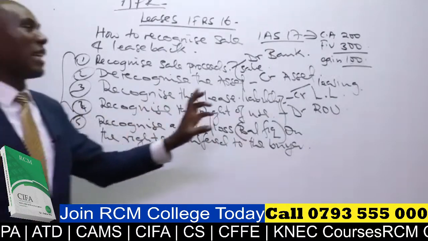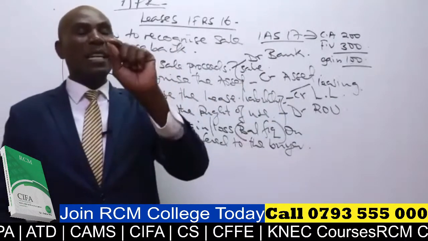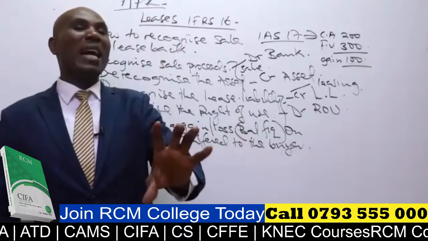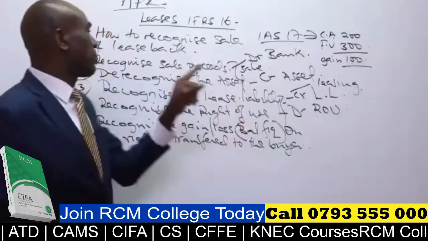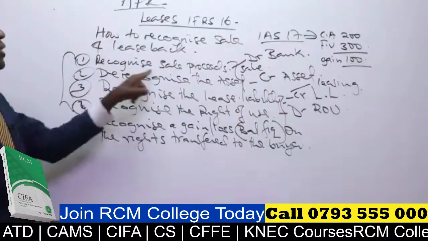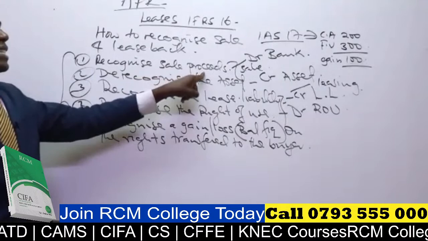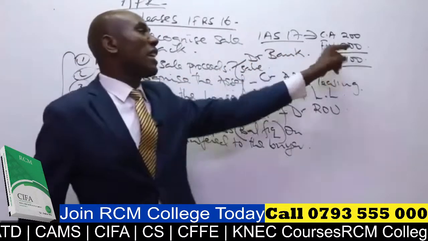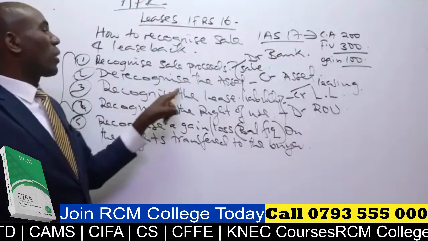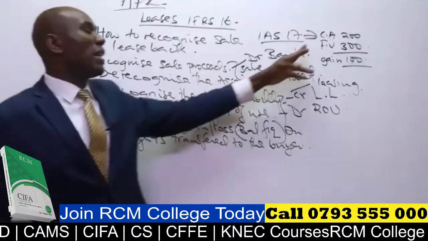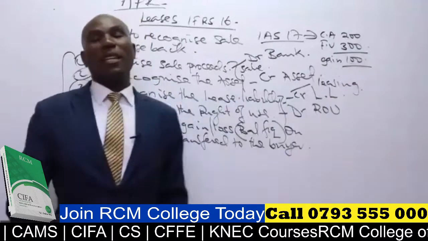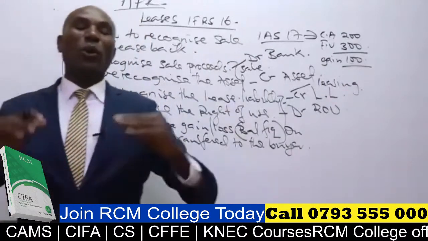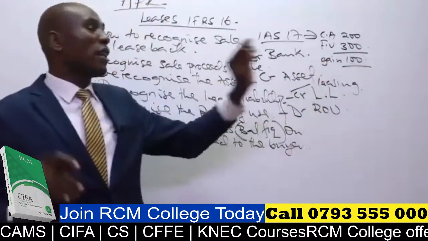Remember, previously in IAS 17, your asset book value was 200. Then you sell it, you recognize the sale proceeds, fair value, let me say 300. Then you recognize the asset carrying amount, let me say 200. Therefore, you are recognizing a gain of 100. There, we were reporting that profit of 100.